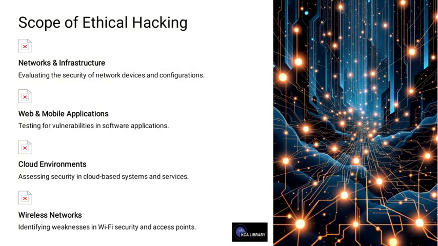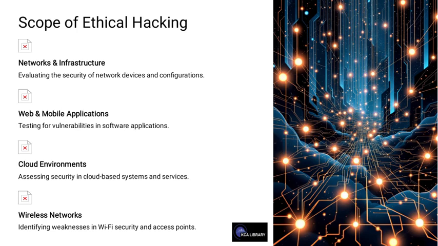And we have the scope of ethical hacking. The first is network and infrastructure, and this deals with evaluating the security of network devices and configurations. Web and mobile applications are another scope of ethical hacking.